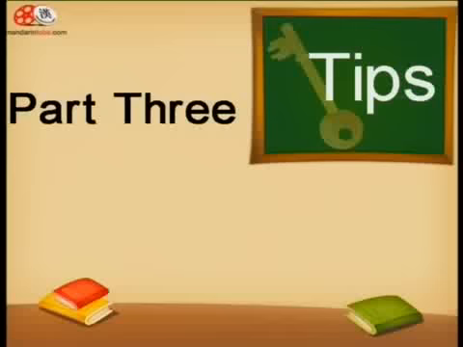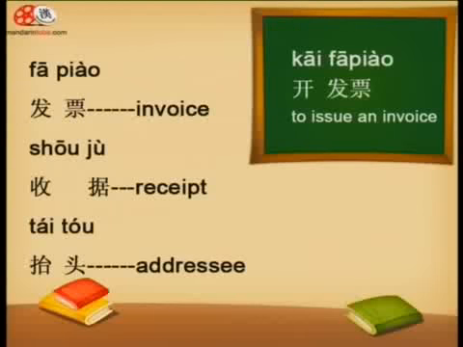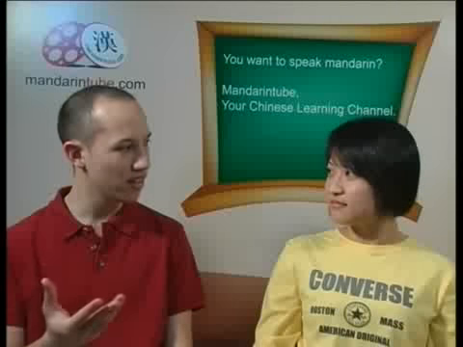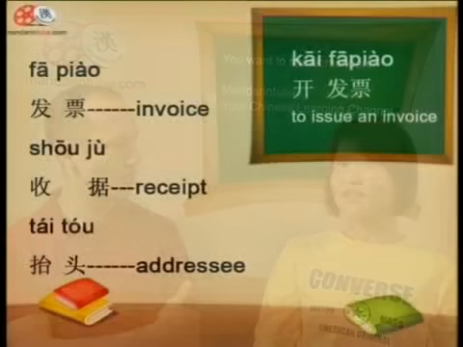Let's see the tips. Okay, so in our tips today, we thought we'd talk a bit about fa piaos, because it's something that I don't know many foreigners would be acquainted with. So first of all, what's the difference between an invoice and a receipt? Well, first of all, how do you say receipt? Receipt is 收据.